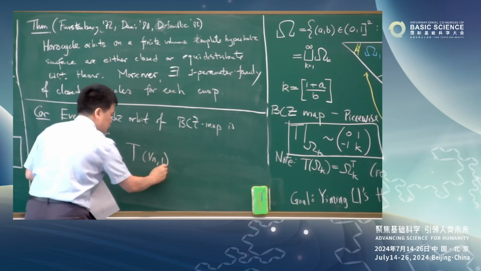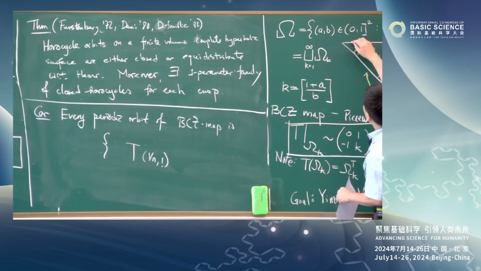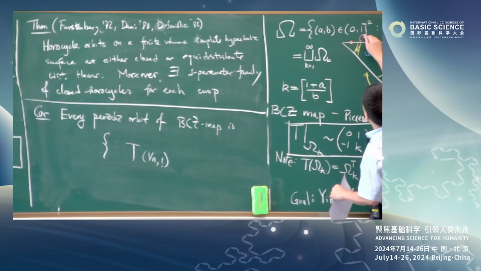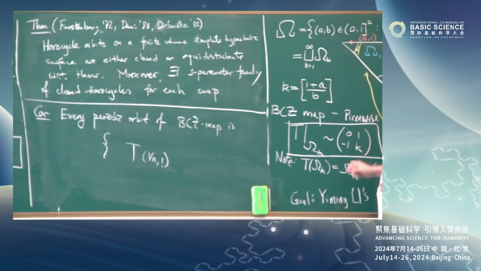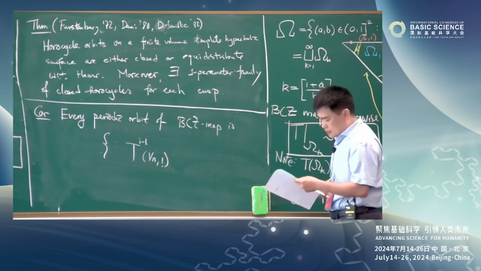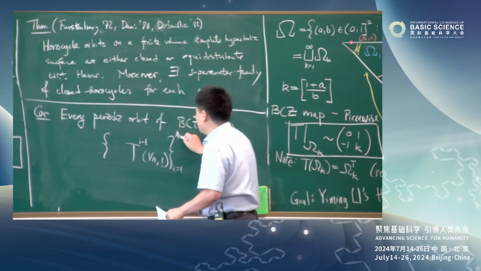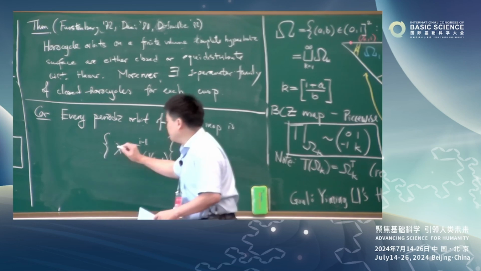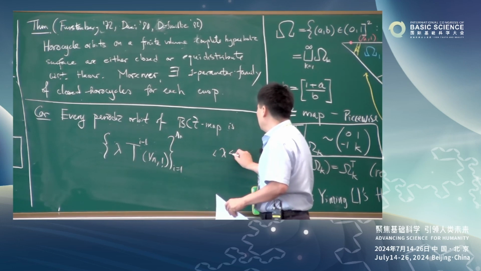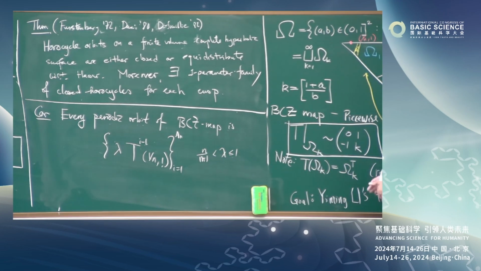So I'll give you the standard periodic orbit. That's the periodic orbit. It's right there. Maybe I'll make it red. Here's the point (1/n, 1). If you take that point and you iterate it under the BCZ map, it will come back to this point after a_n steps. And so this is a periodic orbit, and the period is a_n. And if you multiply this by a real scalar, this will remain periodic. So this is a linear map.